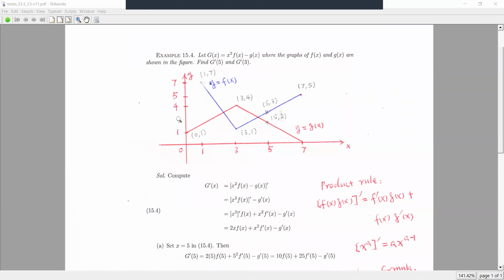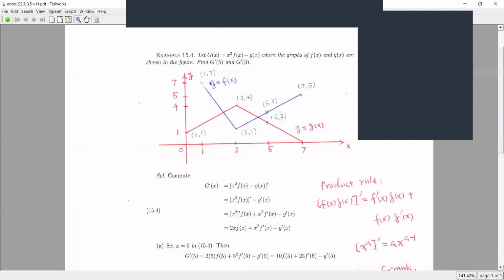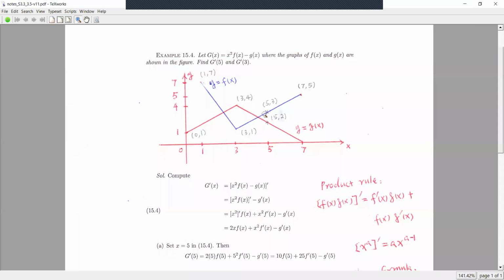Now, go to the figure to determine the function values. The blue curve is the graph of function f. At the point x is 5, the height of the blue curve is 3. Therefore, the function value f of 5 is equal to 3.